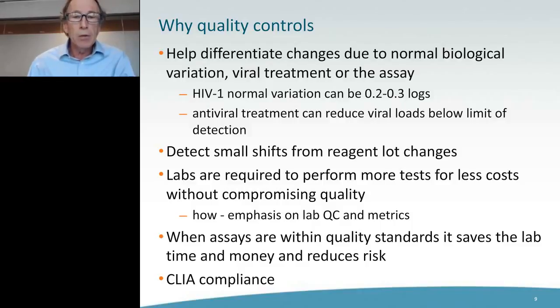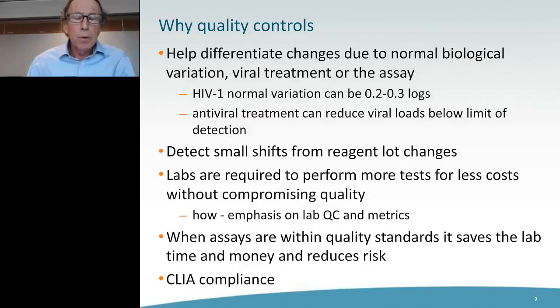And antiviral treatment, as I mentioned earlier, is very, very effective, and you can take viral loads actually below the detection limit of the assays. Also, we want to be able to detect small shifts over time, and these oftentimes happen with reagent lot changes, and clinical laboratories have been dealing with these issues for many, many years.